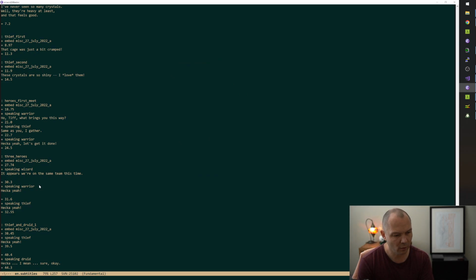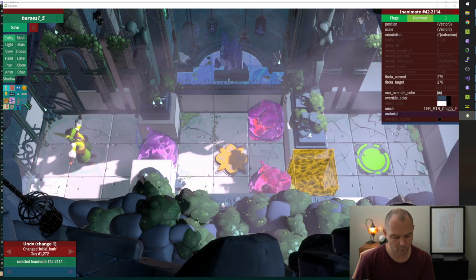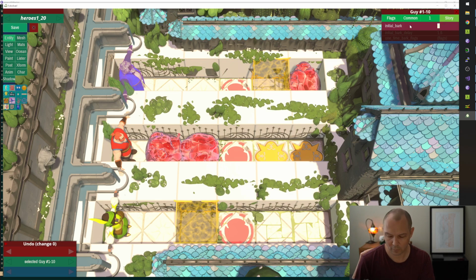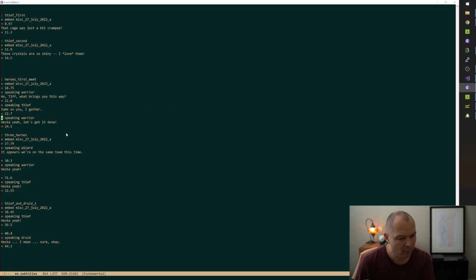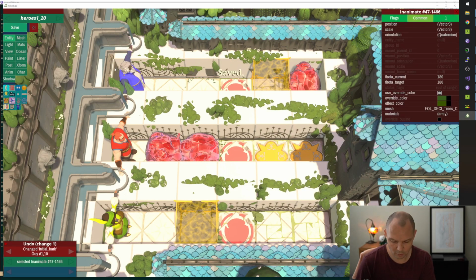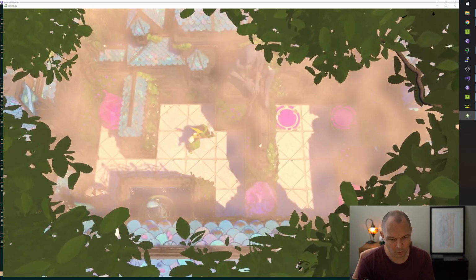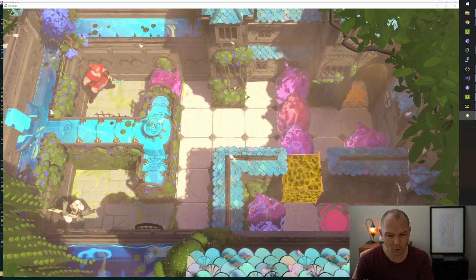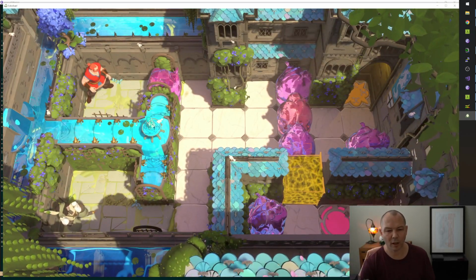So this one we can do that. And then the thief and druid, but this hero's first meet, like I was thinking about this level, but this level is a lot later.